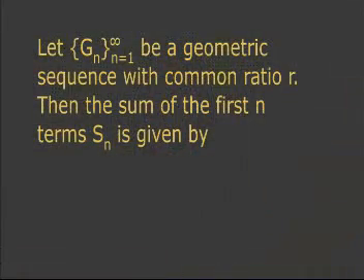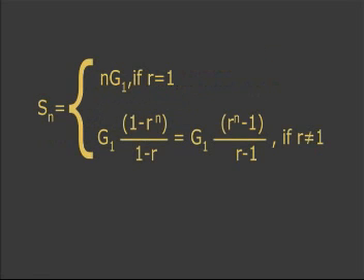We can also find a formula to let us do the same with geometric sequences. Let Gn be a geometric sequence with common ratio r. Then the sum of the first n terms, Sn, is given by Sn equals n times g1 if r equals 1.